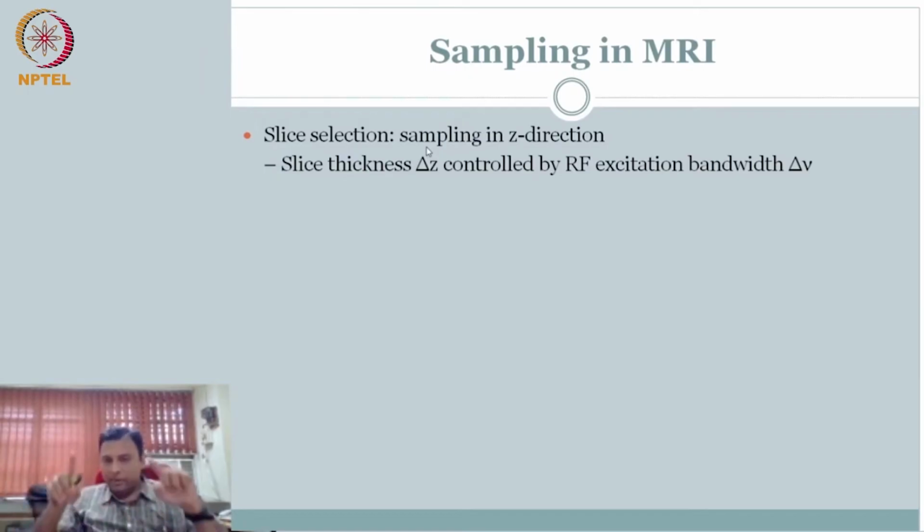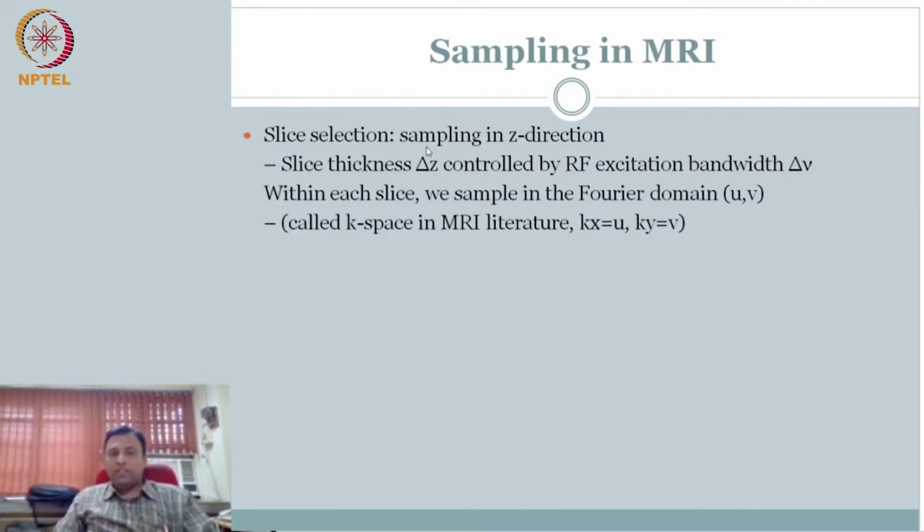We are more interested in the plane, right? Within the image quality, or image resolution, or rather image sampling first. So within each slice, we are actually talking about sampling in frequency. This is again the bigger problem in this domain.